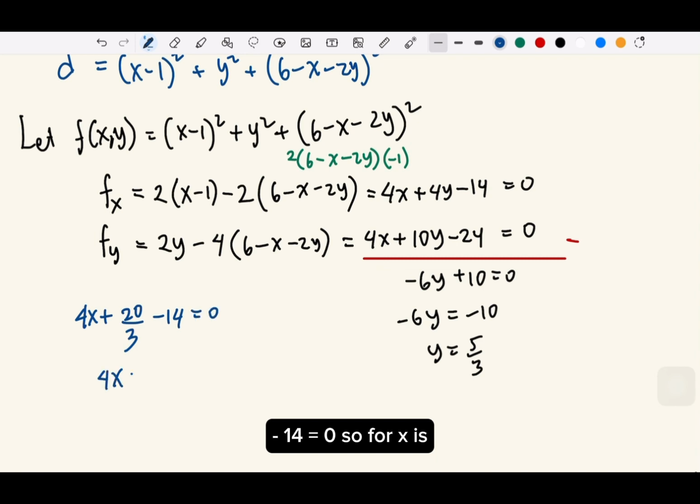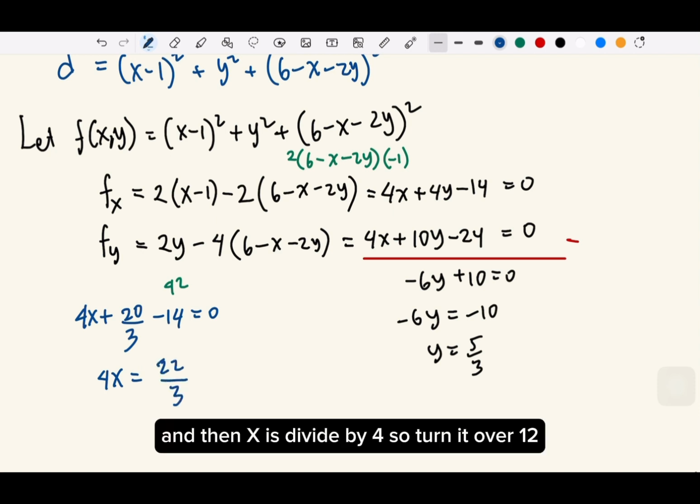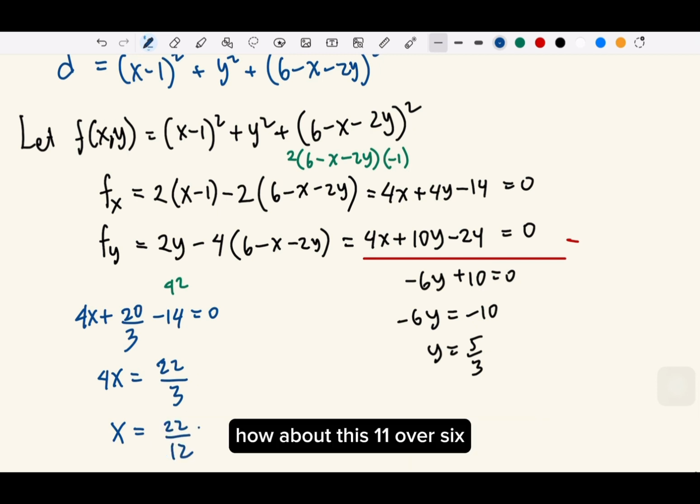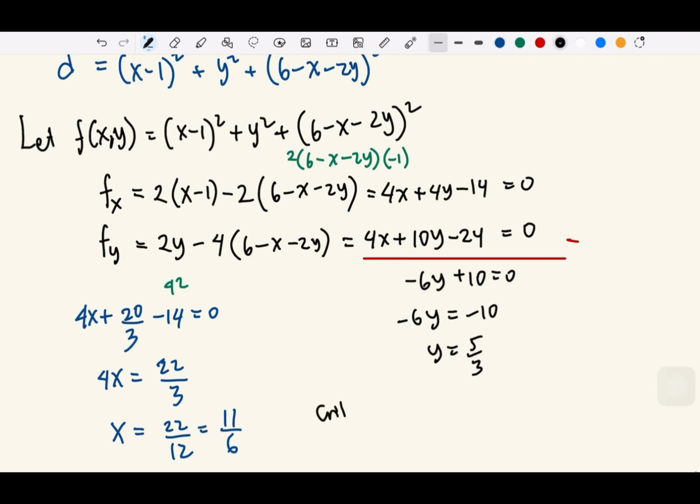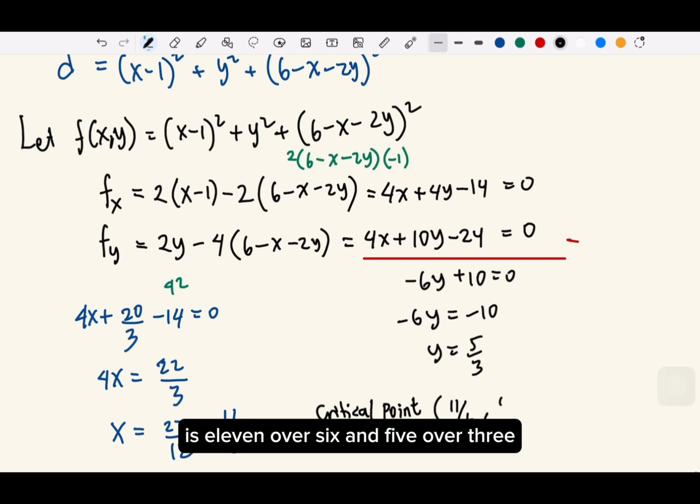So 4x is, so 3 is 42. So 22 over 3, right? 22 over 3. Yeah, 22 over 3. And then x is divided by 4, so 22 over 12. Divided by this, 11 over 6. Okay, so we get the critical point is 11 over 6 and 5 over 3.